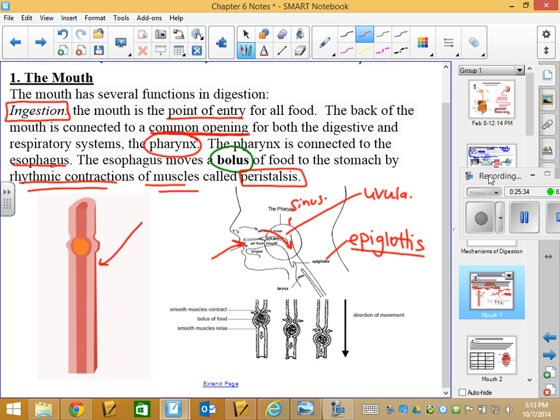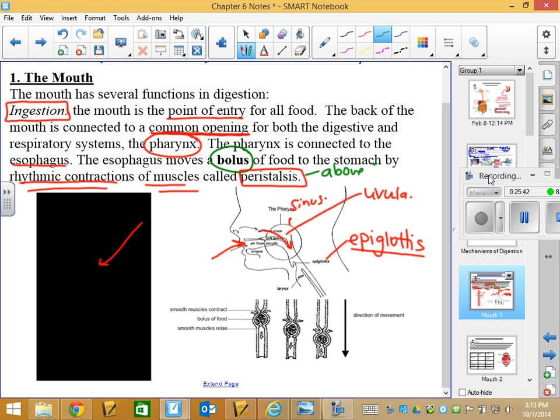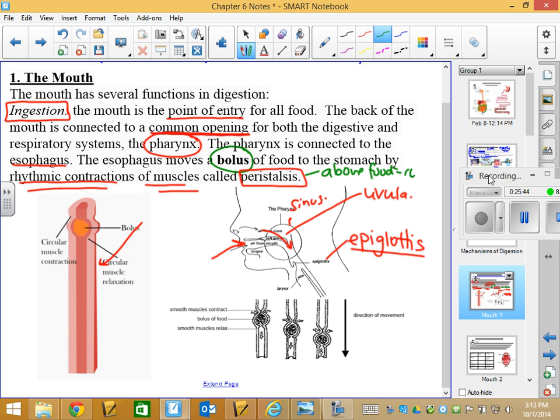That's the key idea that I want you to gain from looking at this animation: above food, we contract the muscle, and below food, we relax the muscle. Doing that allows the food to get pushed down the tube.